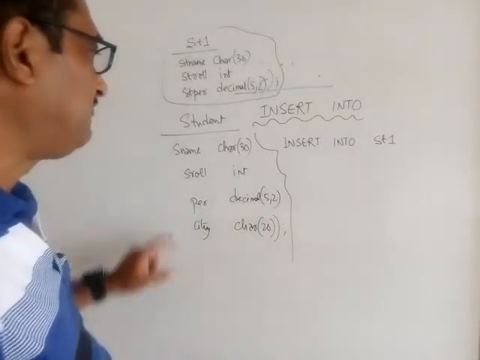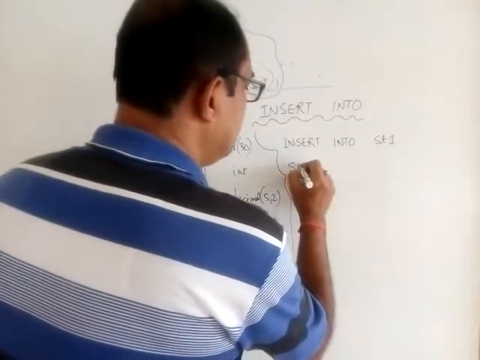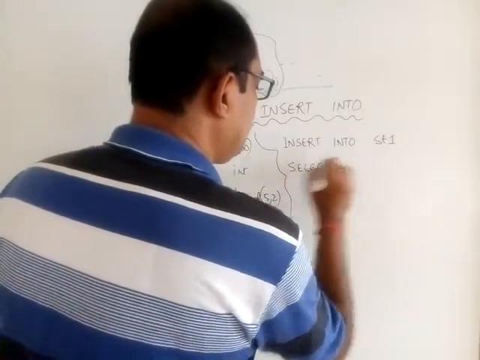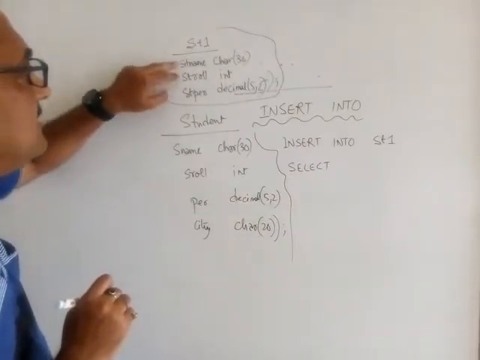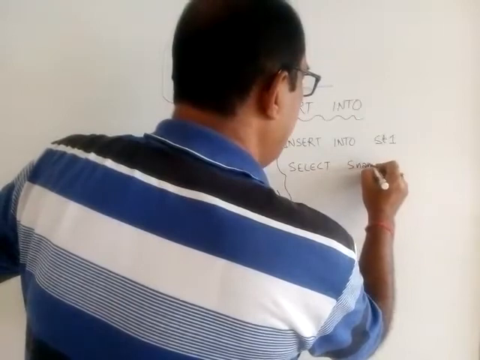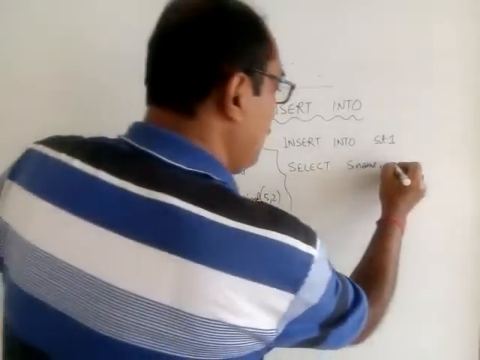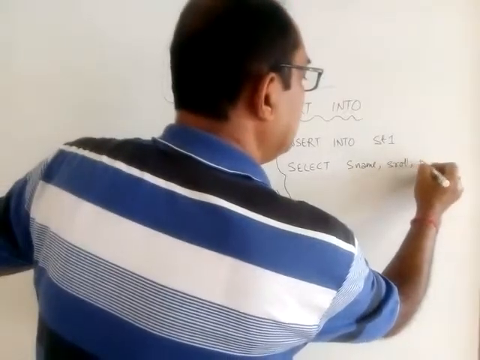Values will come from the student table. So here you have to write select. Now, which fields do I want? Since I had only these 3 fields, I wrote in order S name, S roll, and percentage.